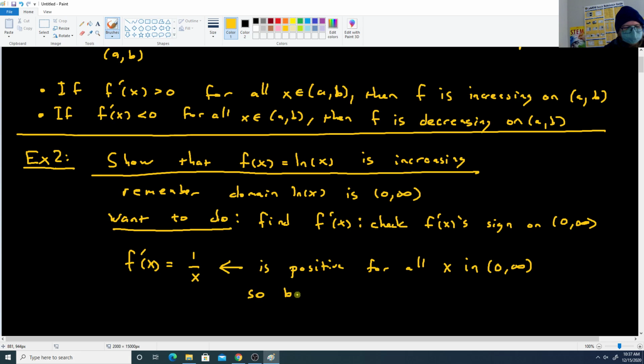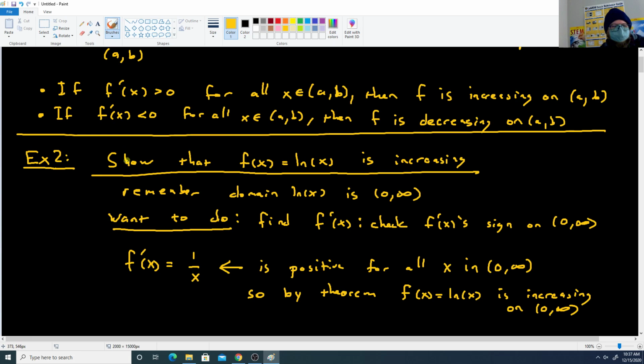So by our theorem, the first derivative is positive for all x in 0 to infinity, so f of x equals natural log of x is increasing on 0 to infinity.